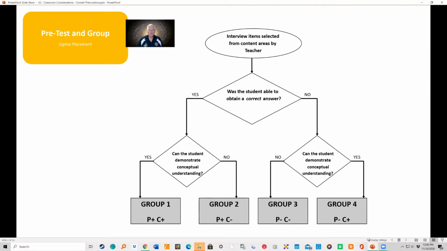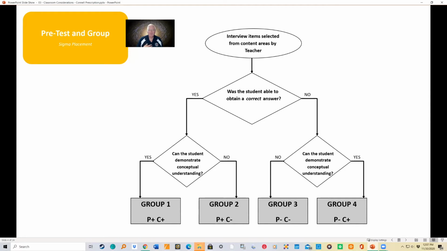In going through this, we're going to be keeping track of which students are in which group. And a nice way of doing this is to just get a copy of your class list and give an assessment, give a paper and pencil test. Ask yourself if they met the criterion for having the process. Typically that's 70%. If they did, then you just put a little check next to their name.